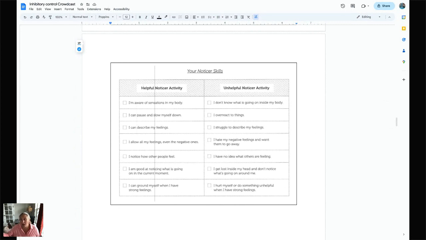But in that context, when that emotion shows up and then that impulsive behavior comes out, they aren't paying attention to what's going on for others in that moment. Upon reflection, they might be able to do that. But that's where we've got to strengthen that noticer so that they start noticing what's happening in the moment.